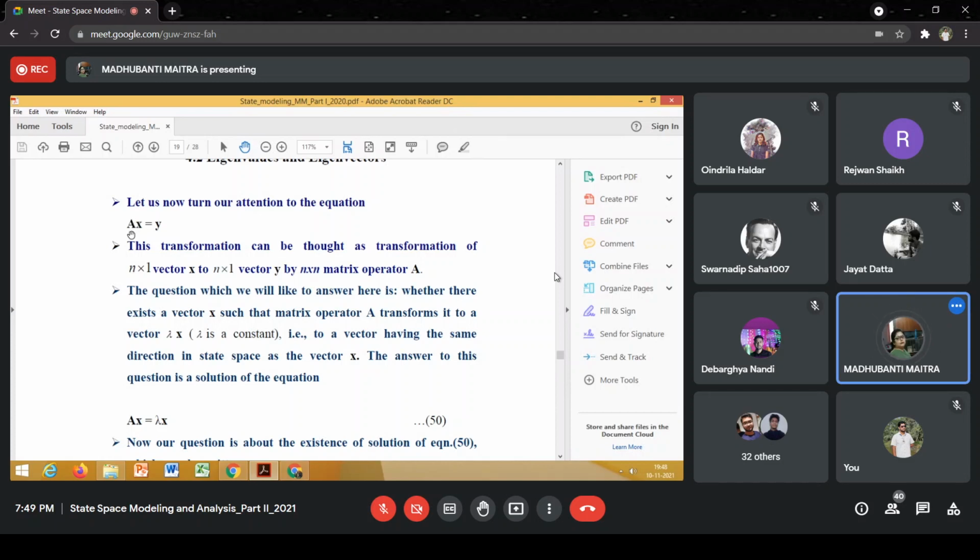With the help of this matrix operation, we are converting this x vector to a different vector altogether, right? So this vector y, the result of this operation, when this matrix gets multiplied with this state vector, is a different vector. It can have a different direction and different length, right? So this can be thought of as a transformation of one n by 1 vector x to a different n by 1 vector y by this n by n matrix operator A.